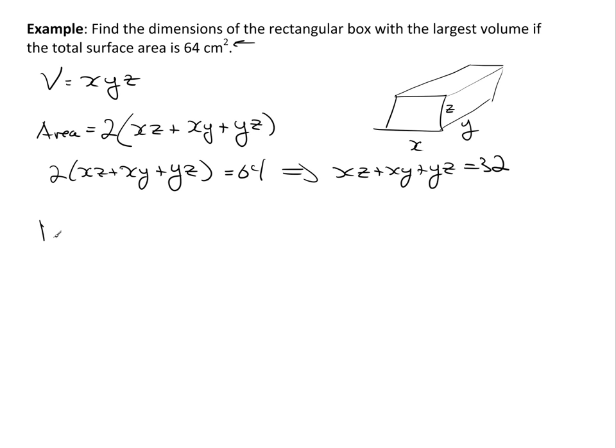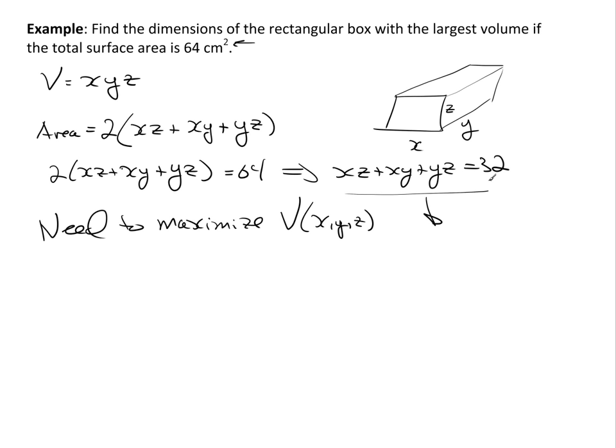So what I need to do is maximize the volume V of x, y, and z. There we go. But I really want to do this as a function of x and y. So based on this, I can solve this for z.